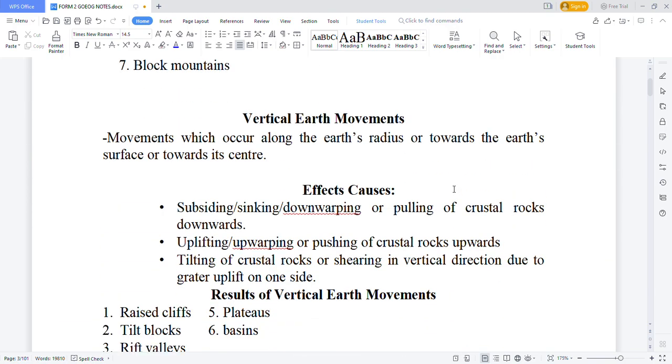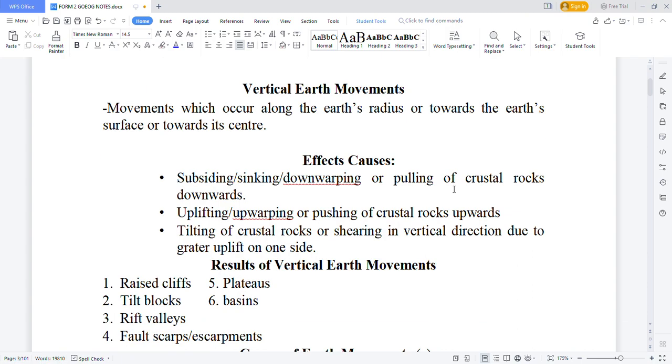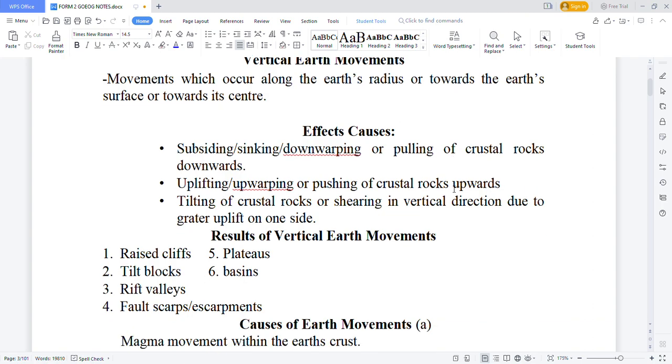We are going to vertical earth movements. What are vertical earth movements? These are movements which occur along the earth's radius, towards the earth's surface or towards its center. What are the effects of vertical earth movements? Number 1, sinking or pulling of crustal rocks downwards. Number 2, uplifting or pushing of crustal rocks upwards.